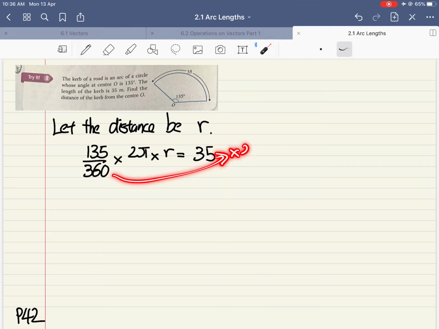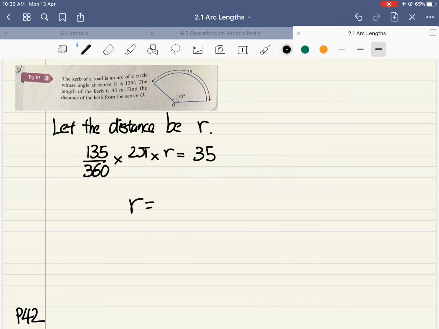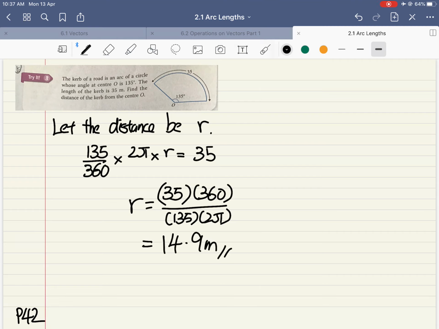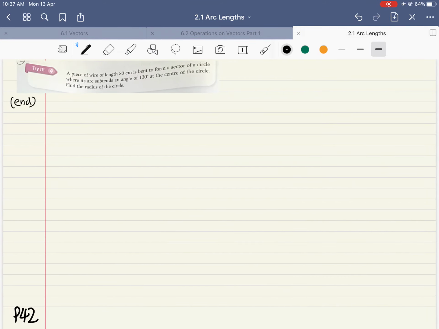Again, we just do some calculation. 360 will multiply upwards. The 135 and 2 pi will come downwards. So r equals 35 times 360 divided by 135 times 2 pi. In this case, the radius or the required distance is 14.9 meters.